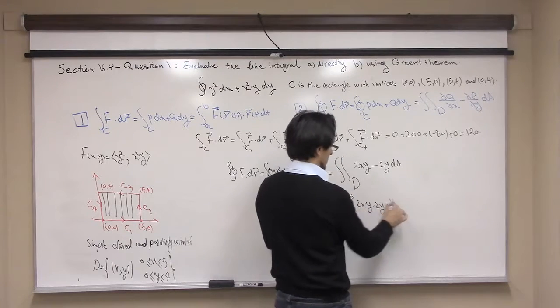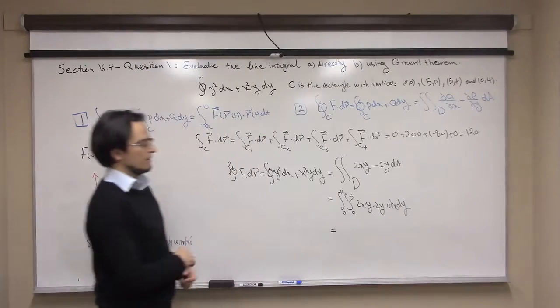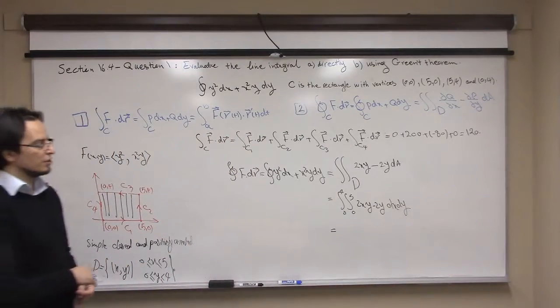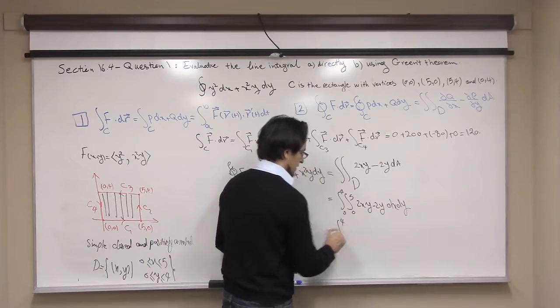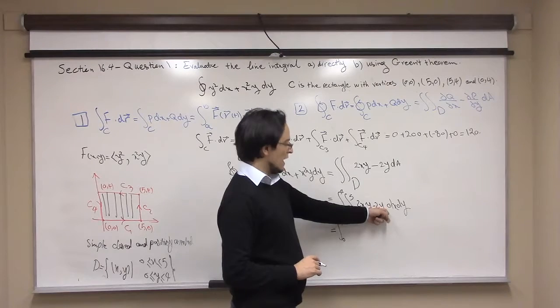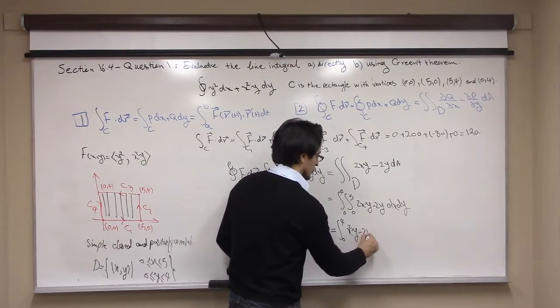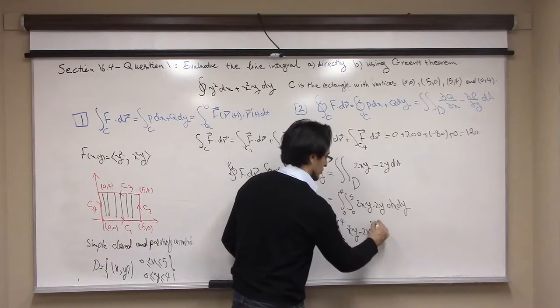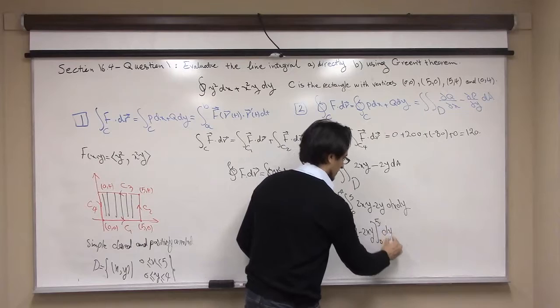The inner one is x, the outer one is y. Now I have an iterated integral. I have to do the inner one first. So the inner one is the antiderivative of 2xy minus 2y with respect to x. It is x squared y minus 2xy, going from 0 to 5, dy.